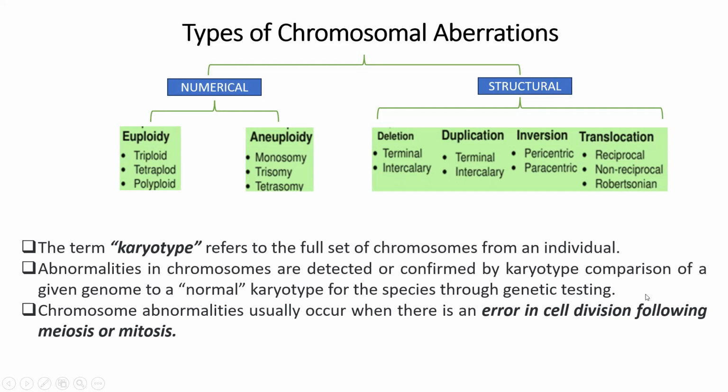So you can do genetic testing, compare the karyotype of the abnormal to that of the normal, and from this one can come to know the chromosomal aberration. Chromosomal abnormalities usually occur when there is an error in cell division following meiosis or mitosis. So this aberration usually occurs during cell division, that is, meiosis or mitosis.